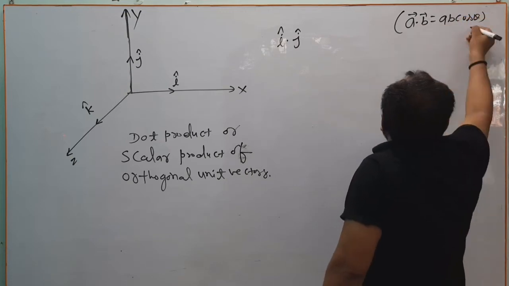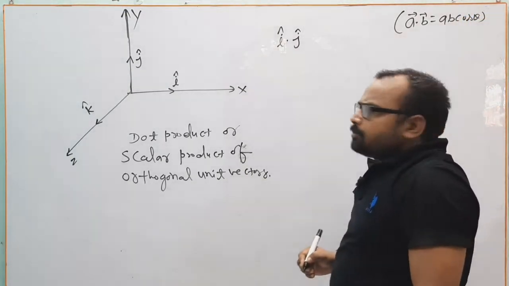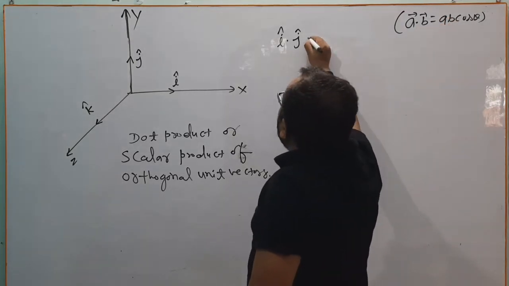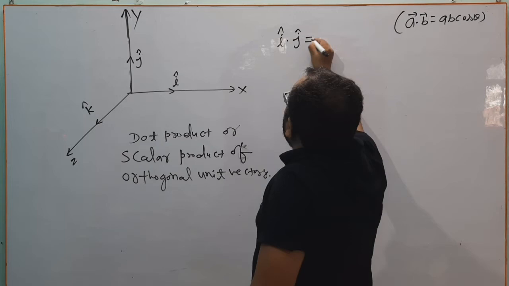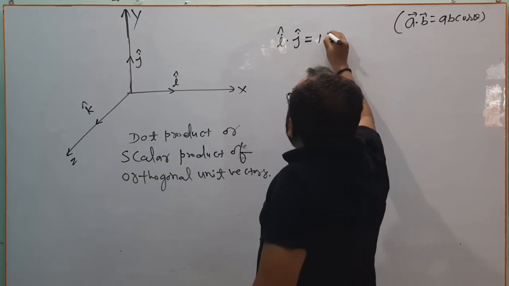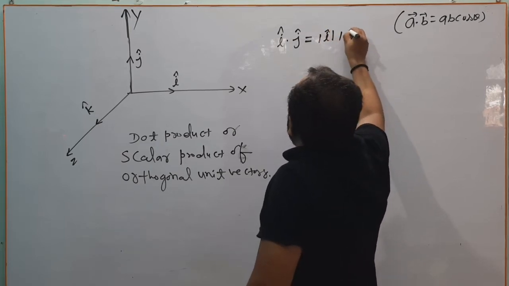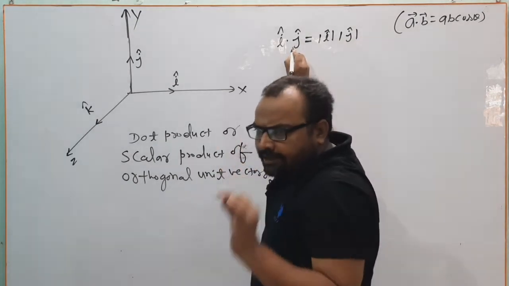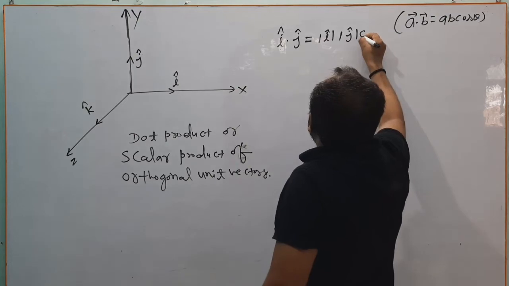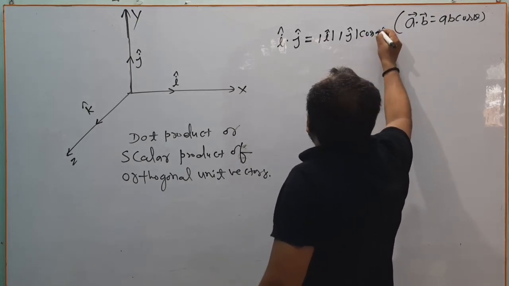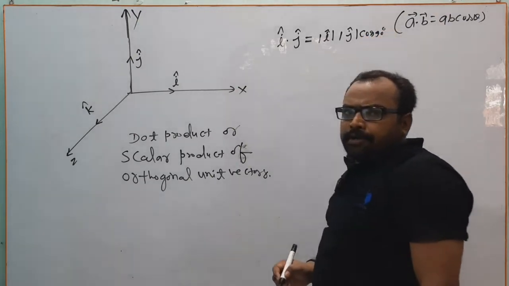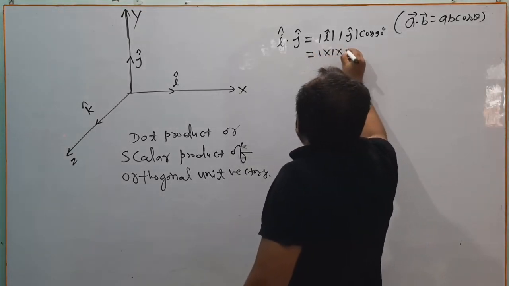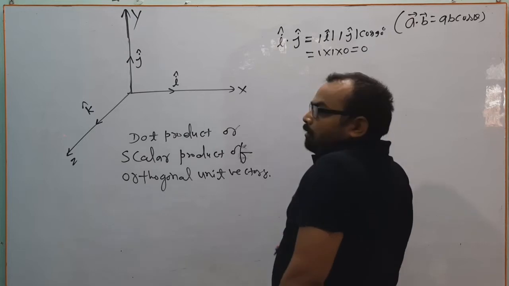From this formula we can write i dot j is the magnitude of i, magnitude of j, and the angle between these two unit vectors is 90 degrees. So we write cos 90 degrees, and you know cos 90 degrees is 0. So this will be 1 into 1 into 0, which is equal to 0.